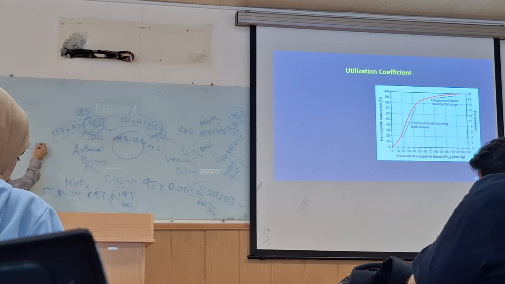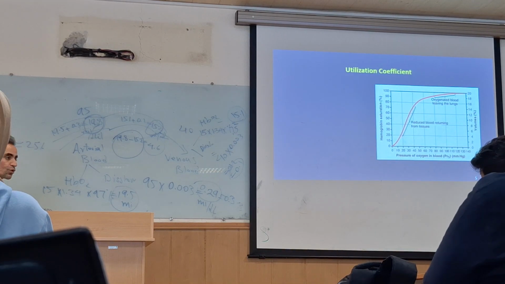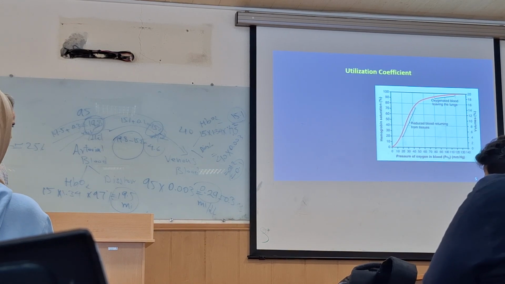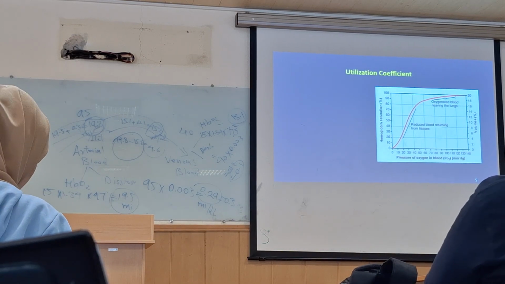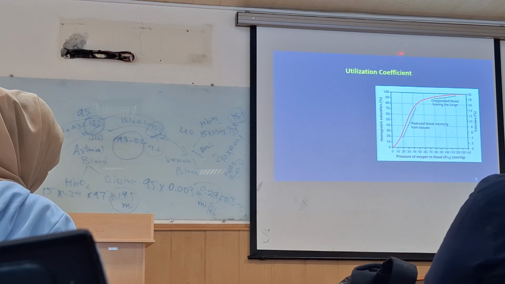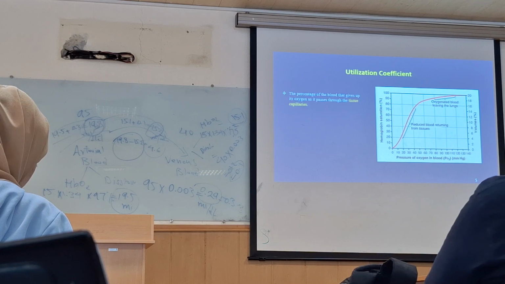You can see this value means that 25% of the total oxygen can be used by the tissue, and it is named the utilization coefficient.